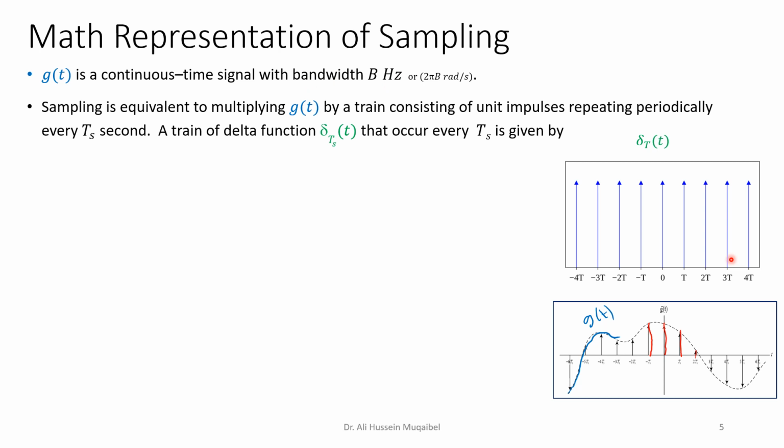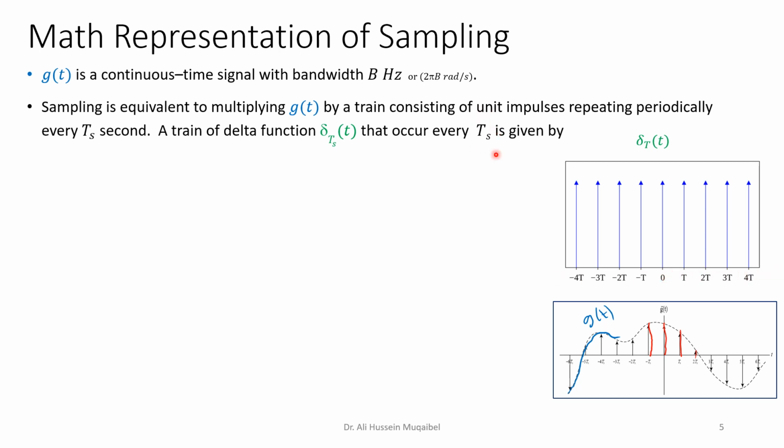The sampled signal is nothing but the multiplication of a train of impulses, spaced by Ts. If it's spaced by T, we say delta subscript T. This subscript T represents the time interval between every impulse and the other.